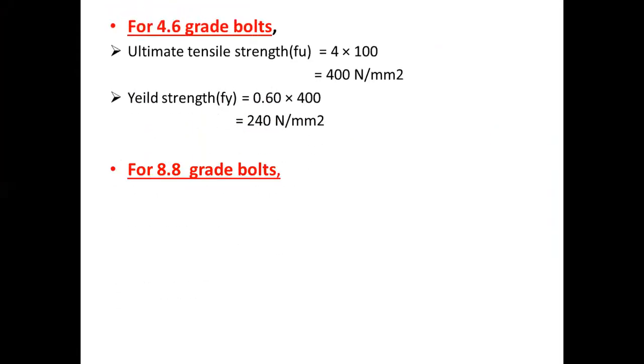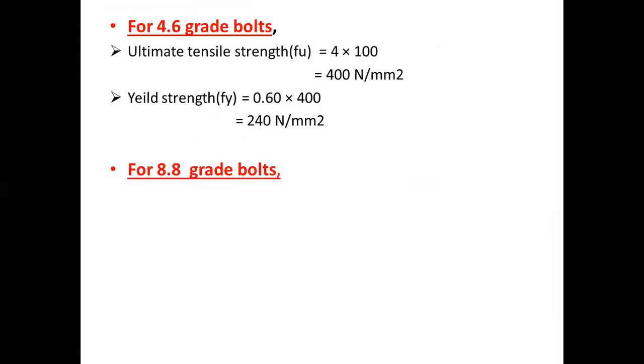Good morning, students. In the last lecture, we showed that from this grade of bolt, which is 4.6, we find out the ultimate tensile strength, which is Fu. The unit of ultimate tensile strength is Newton per mm square.